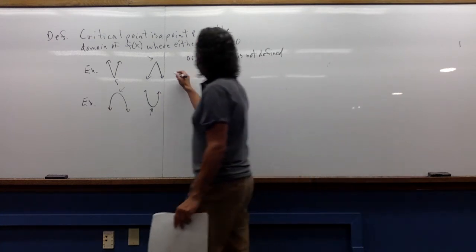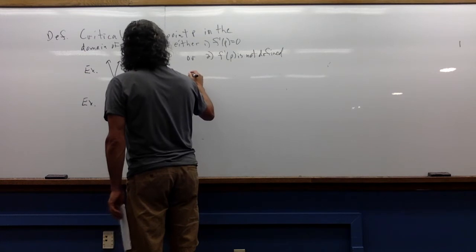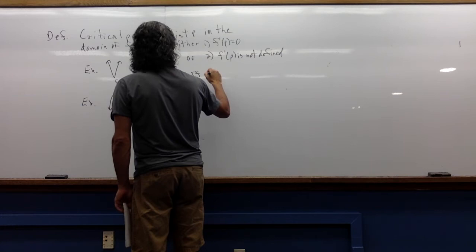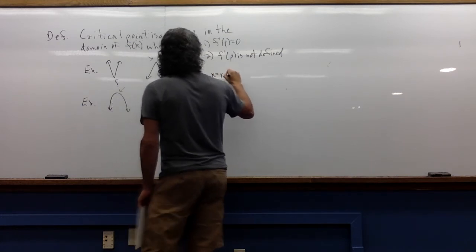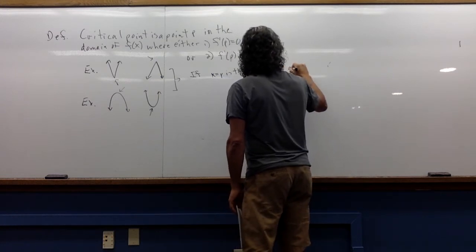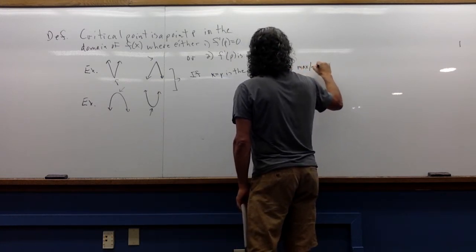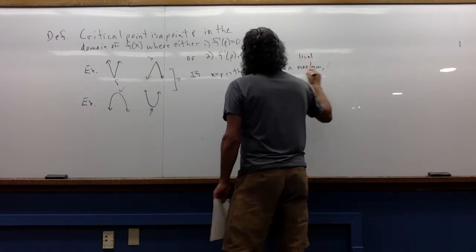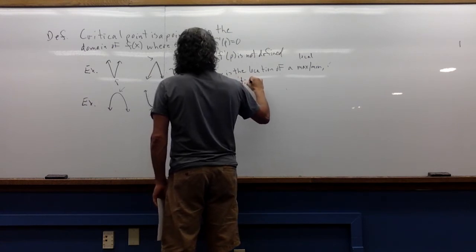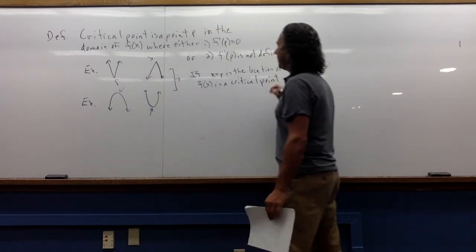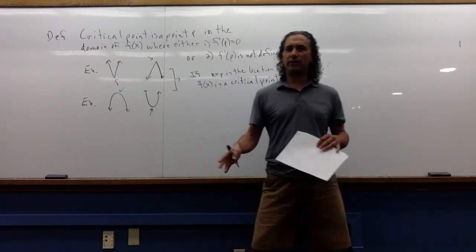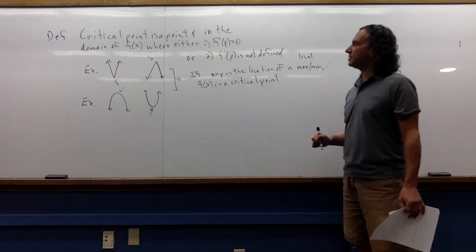Okay, so these pictures show us that if x equals p is the location of a max or min, let me say local, looks like f of x is a critical point. And I'm not restricting the domain here. We're going to look at points over an interval in the next section.